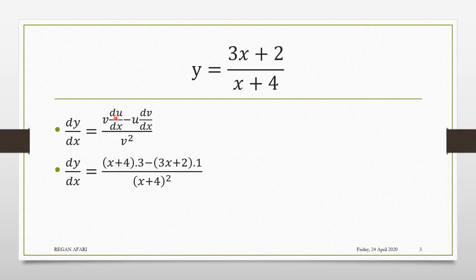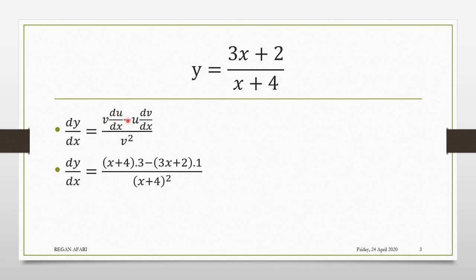And then we will differentiate the numerator, which is u. When we differentiated it on our previous slide, we got 3. The dot here means times, so we multiply by 3, because v and du/dx are multiplying.